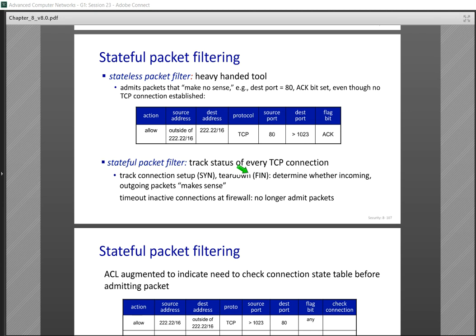Yes. Okay, this is the finish packet. But if the answer is no, we do not have a connection with this information. That's very interesting. We do not have this connection.